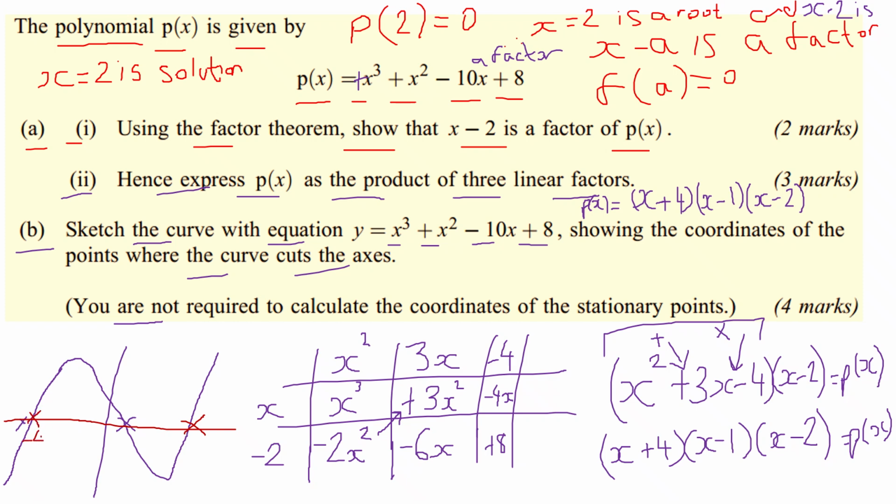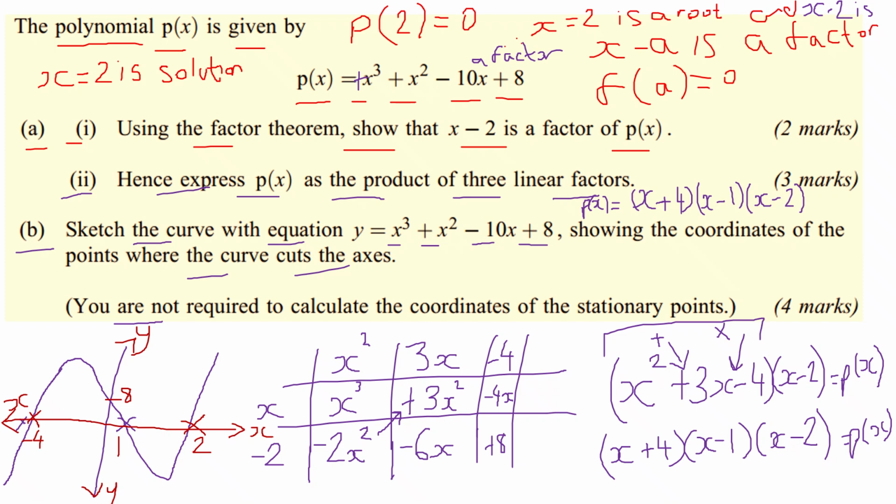So we've got minus 4, 1 and 2, and again, forgive me, it's not drawn to accuracy, so I apologise, and it crosses the y-axis at plus 8. So the y-axis is when x is equal to 0, the x-axis is when y is equal to 0, or p of x is equal to 0, and that is the positive cubic shape.